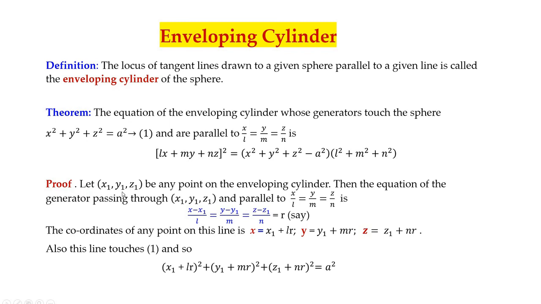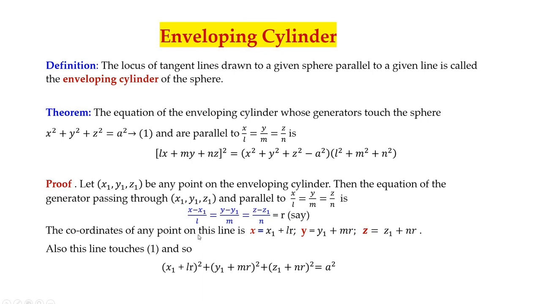Now for the proof we shall consider x1, y1, z1 to be any point on the enveloping cylinder. Then the equation of the generator passing through x1, y1, z1 and parallel to x by l equal to y by m equal to z by n is x minus x1 by l equal to y minus y1 by m equal to z minus z1 by n, and let us take that as say some r.